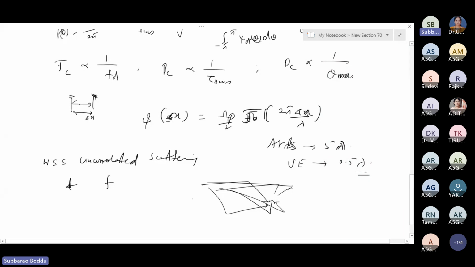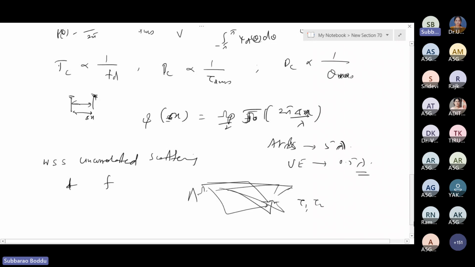When you launch an impulse at the base station, the signals with different delays, for example tau1 and tau2, are uncorrelated. Or you can say the channels at two different frequencies are uncorrelated when you separate them in frequency. That is called uncorrelated scattering.